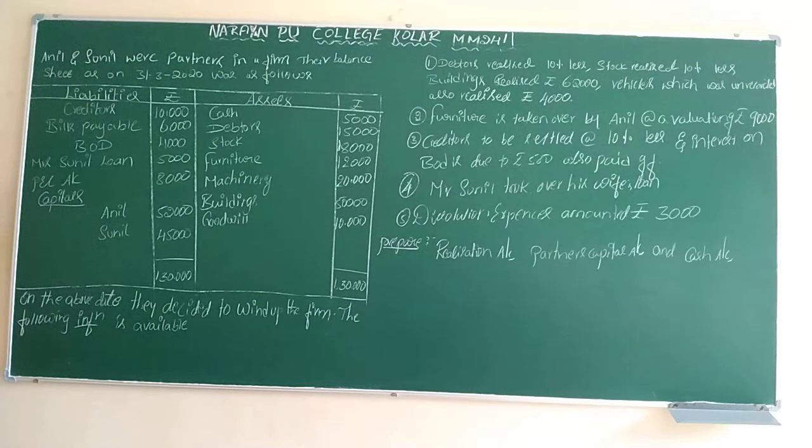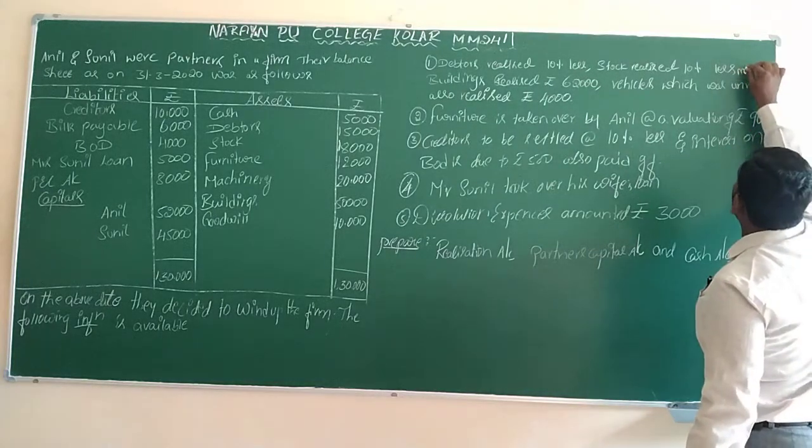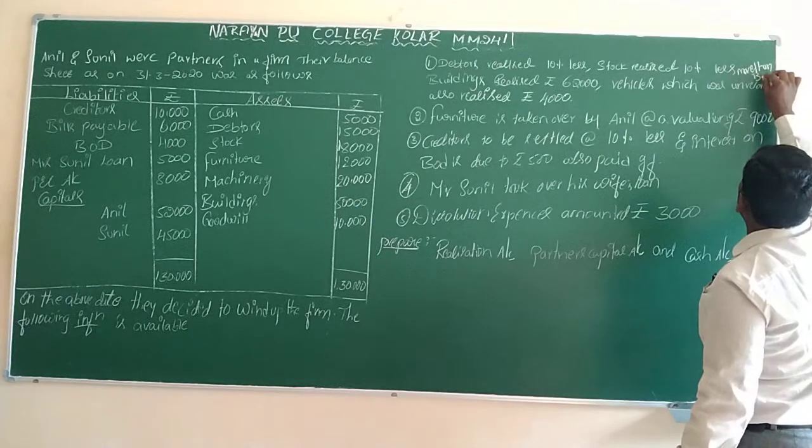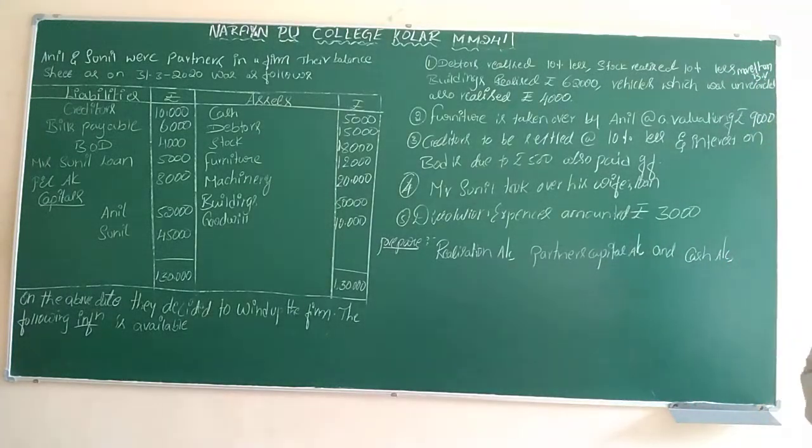Stock realized 10% more than book value. Buildings realized rupees 62,000. Vehicles, which were unrecorded, also realized rupees 4,000.